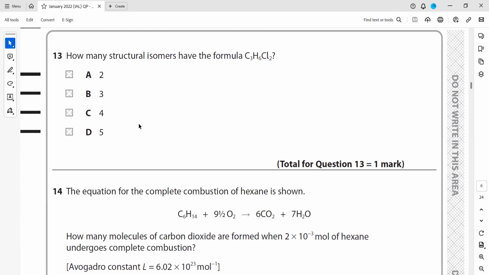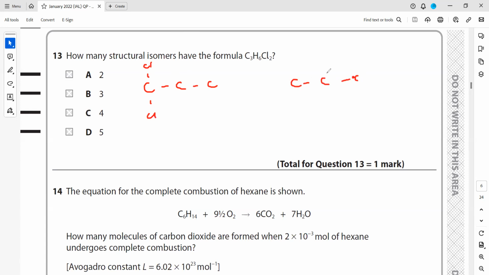How many structural isomers have the formula? So how many structures of dichloropropane can we make? If we have 3 carbon atoms, first, both chlorines will be on the first.